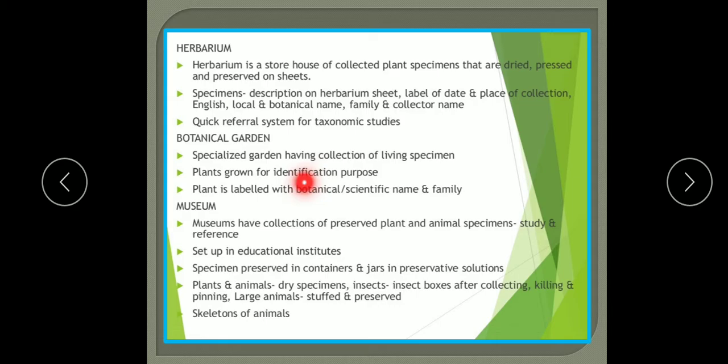They provide knowledge and expertise in plant taxonomy, horticulture, biodiversity and ecology. The botanical garden also serves as a repository for authentically documented living plant material. In a herbarium we collect the dead species of plants, but the botanical garden is actually the storehouse of authentically documented living plant material.